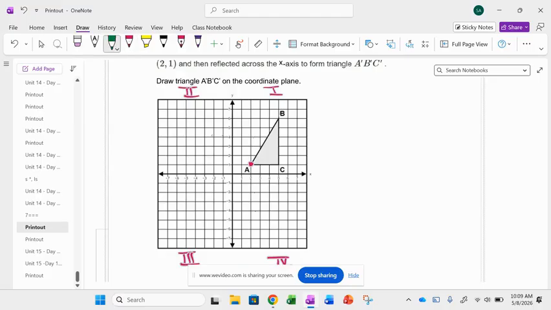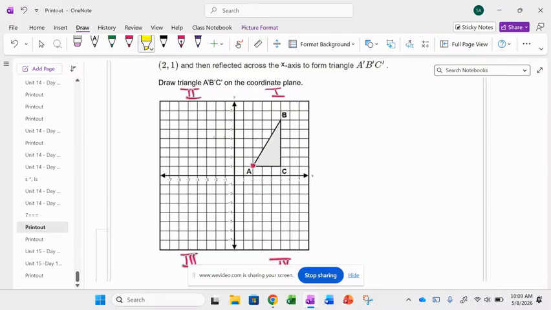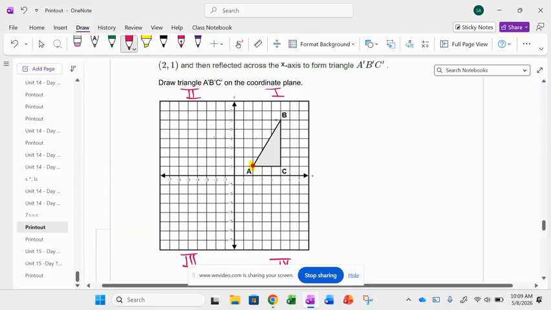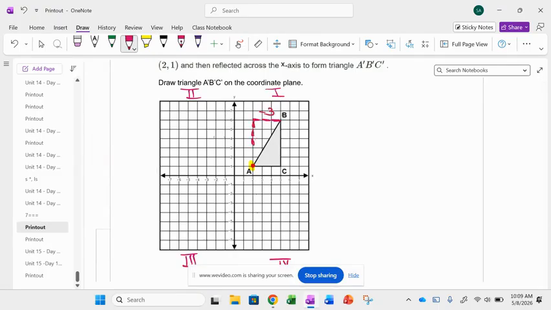So now we're going to go from A to B. The center of rotation is the point A. So from B to A, I'm going left 1, 2, 3, and I'm going down 1, 2, 3, 4, 5.